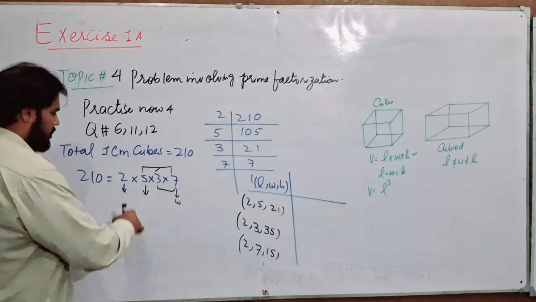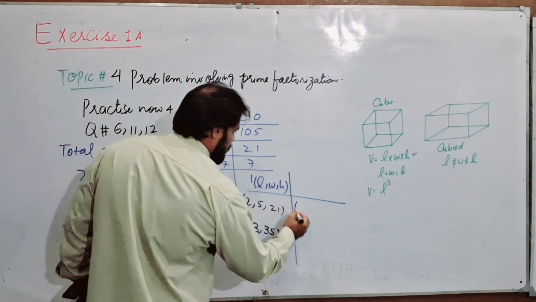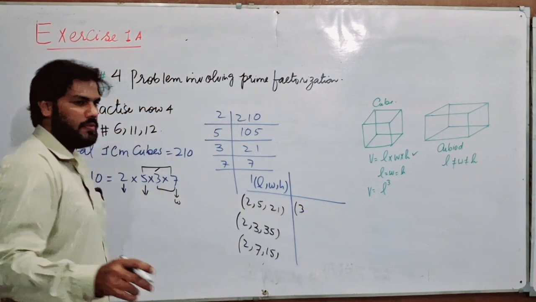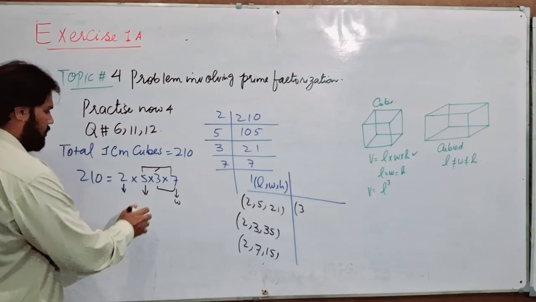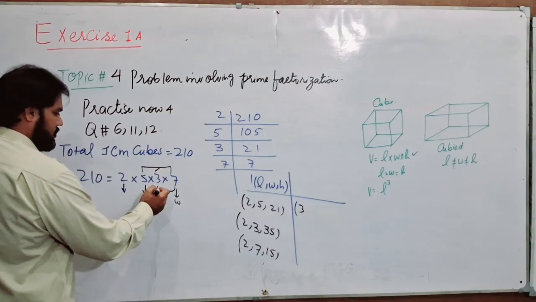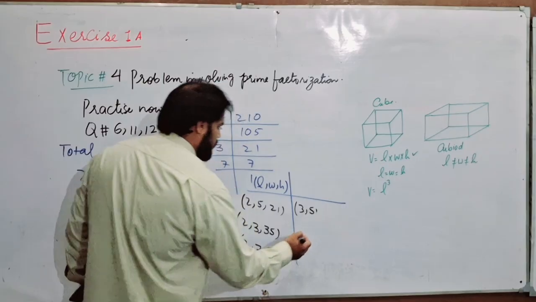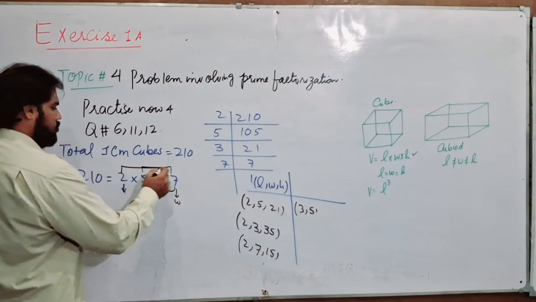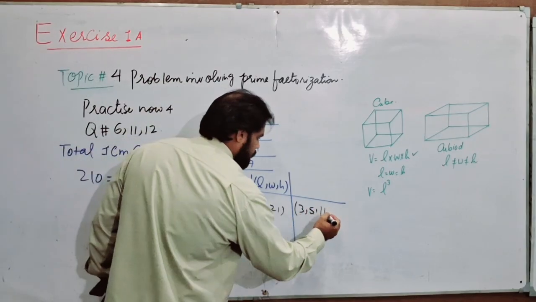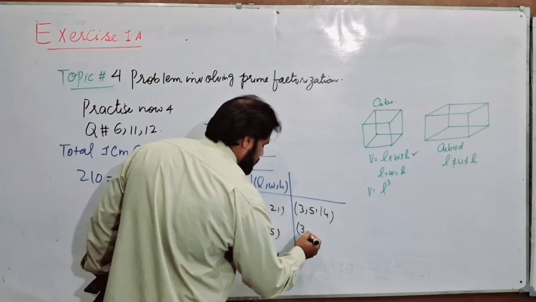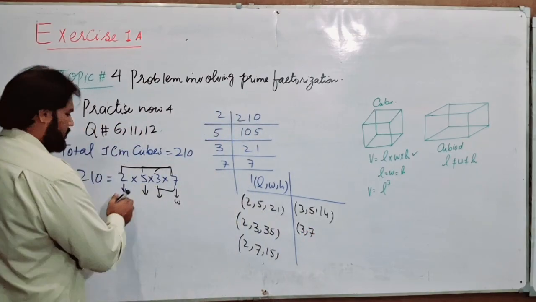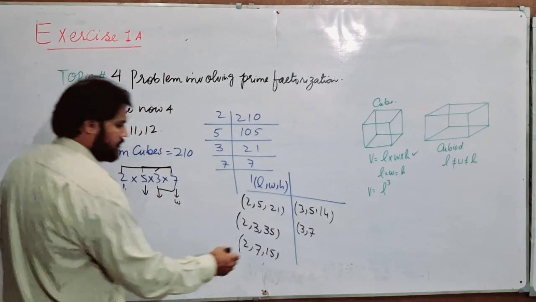Now if you start from 3, if my length is 3 and my width is 5, what will be the height? Height is the remaining 2, 2 into 7, 14. If you take 3 and 7, the remaining is 15.